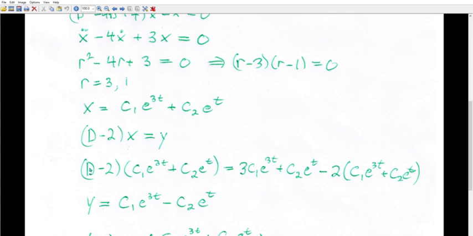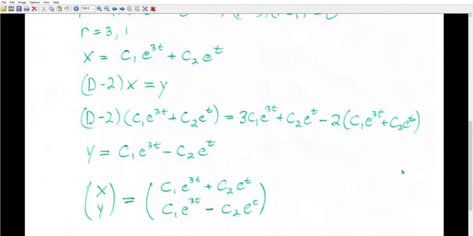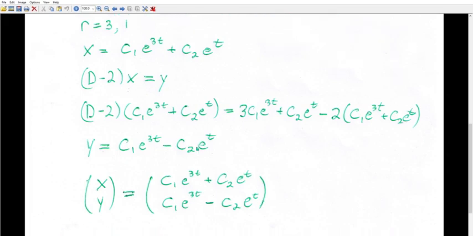The D operator takes the derivative, so we're going to get a 3 c1 e to the 3t and a c2 e to the t. The minus 2 is just minus 2 times what you've got, so you've got minus 2 c1 e to the 3t plus c2 e to the t. When you combine all of that, you've got c1 e to the 3t minus c2 e to the t.